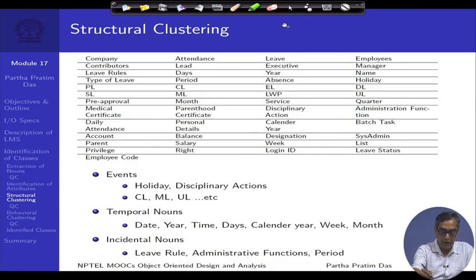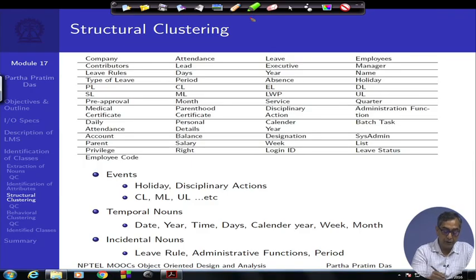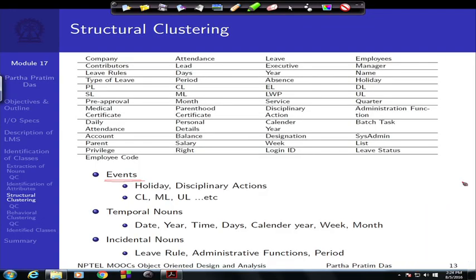If we proceed in doing structural clustering, one kind of cluster that often happens in the system is known as event, where something is going to take place. Usually events have a temporal sense, a beginning and end, a sense of activation, and certain side effects and so on.